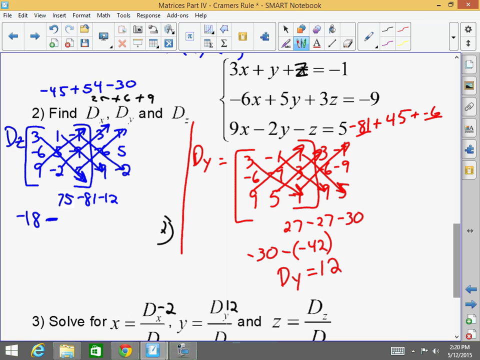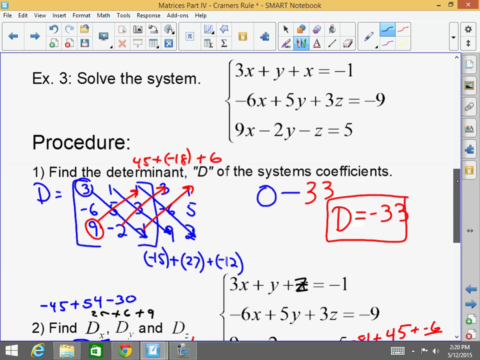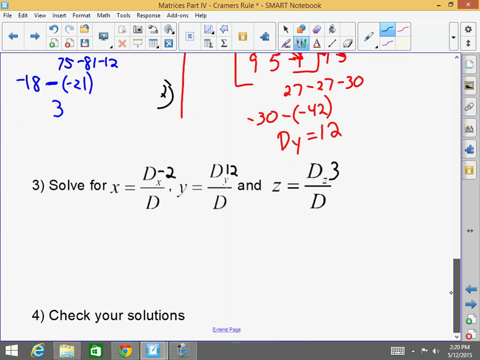Negative 75 plus 54, which is a negative 21. So negative 18 plus 21 would be 3. So d of z is 3. My original main determinant was negative 33.